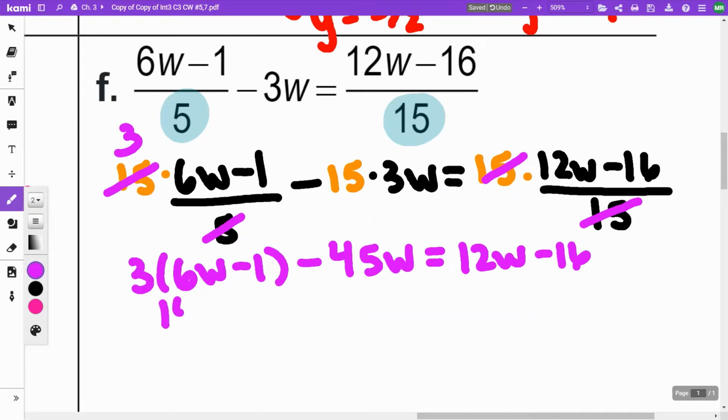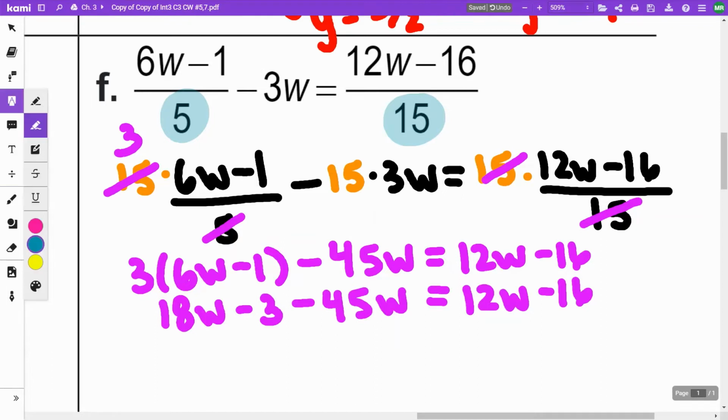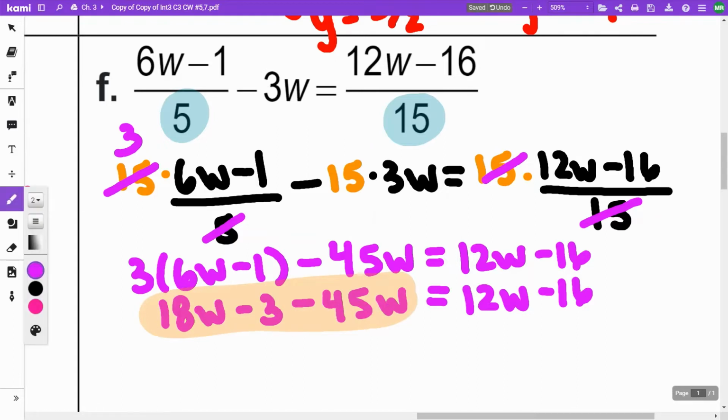So this is going to be an 18w minus 3 minus 45w is equal to 12w minus 16. I am going to combine like terms on the same side of the equal. And when I do, I have an 18w that's going to minus with a 45w, and I'm going to end up with a negative 27w minus 3.